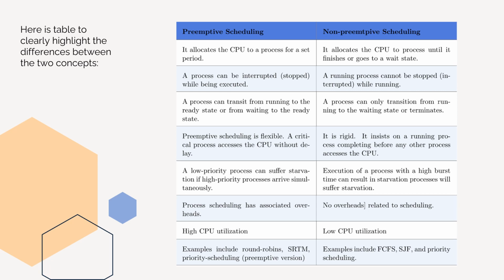But in non-primitive scheduling, execution of a process with high burst time can result in starvation. Processes will suffer starvation. In primitive scheduling, process scheduling has associated overheads, and in non-primitive scheduling, there are no overheads related to scheduling. In primitive scheduling, there is high CPU utilization, but in non-primitive scheduling, low CPU utilization.